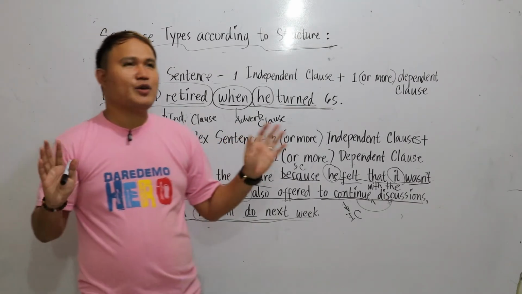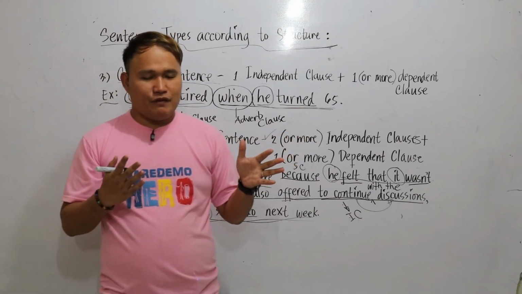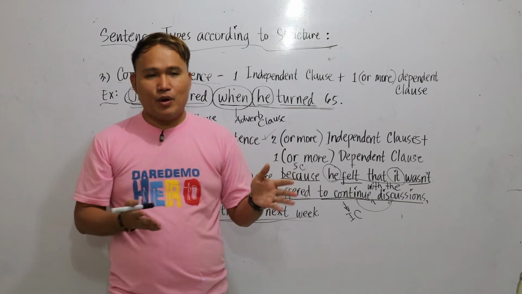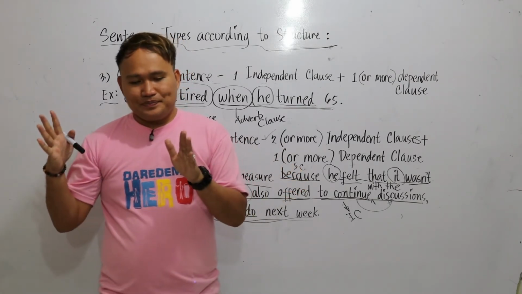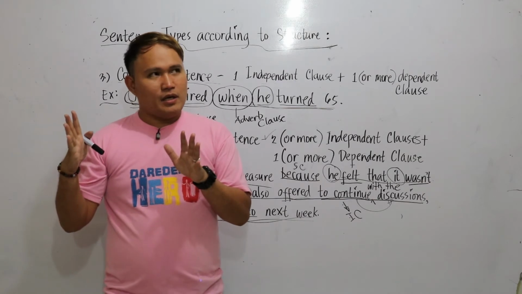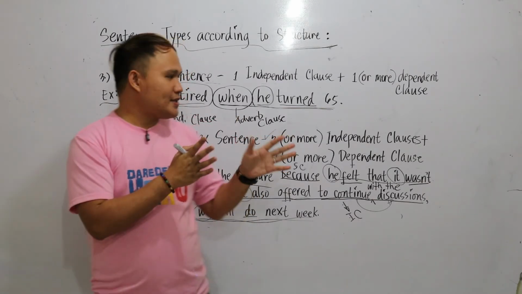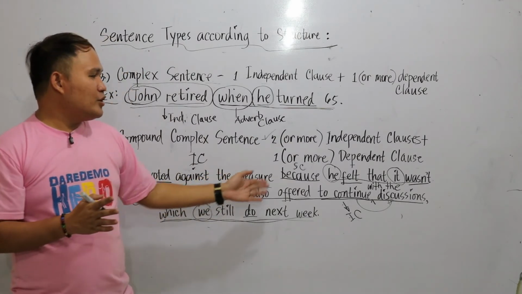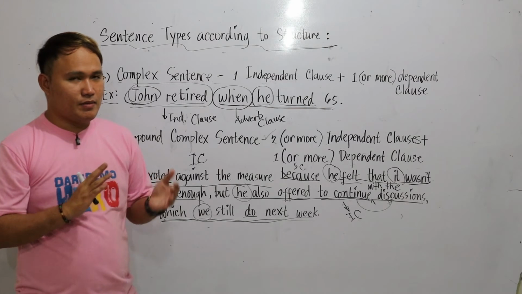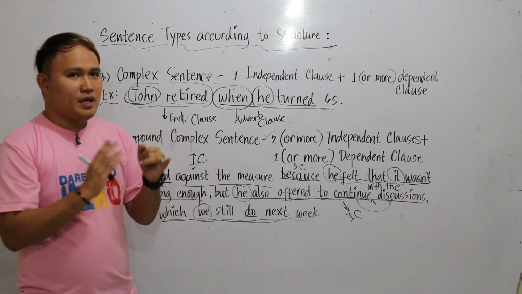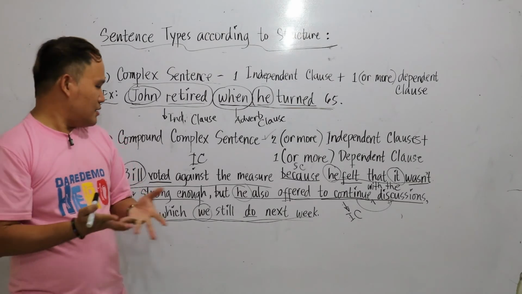So if you are asked to compose or make a complex sentence, you just have to, how can I say, make your ideas connected. Okay? So just like this. Connected using several conjunctions. It may be subordinating conjunctions, compound conjunctions, okay?